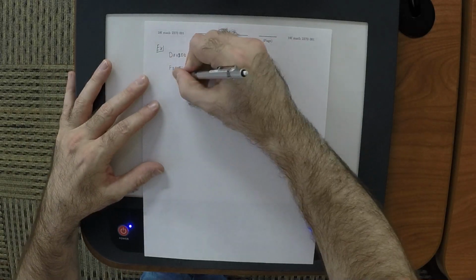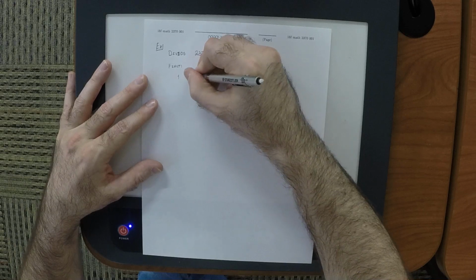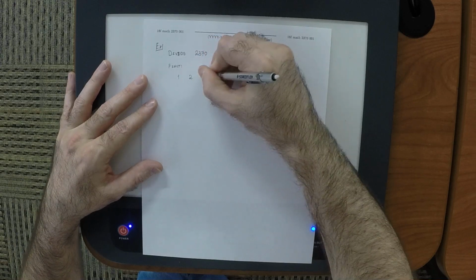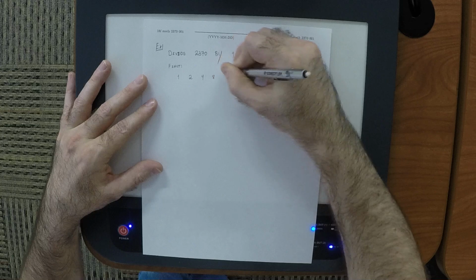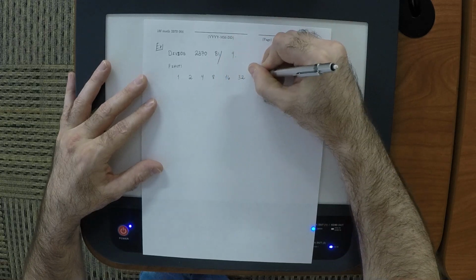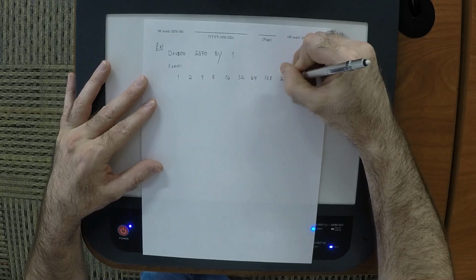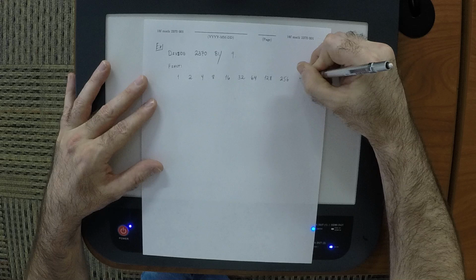So here's the first several sequential powers of 2: 1, 2, 4, 8, 16, 32, 64, 128, 256, 512.